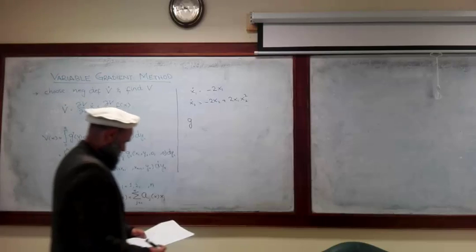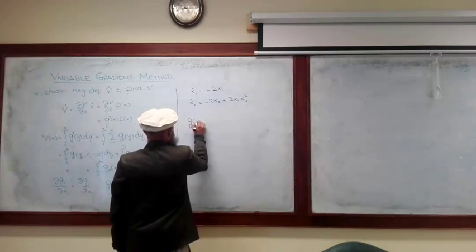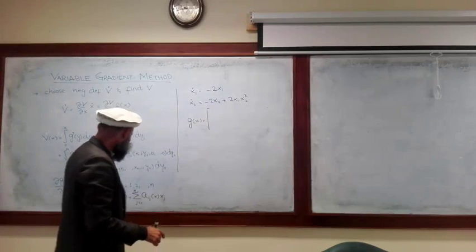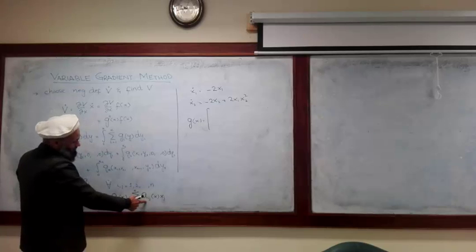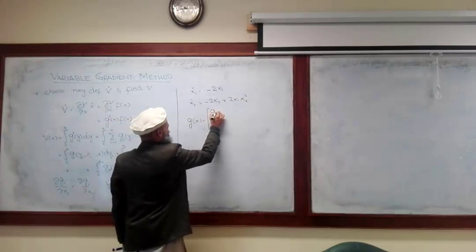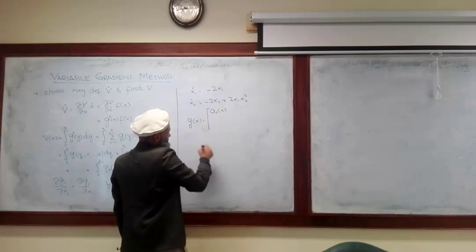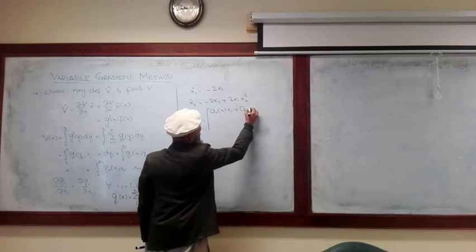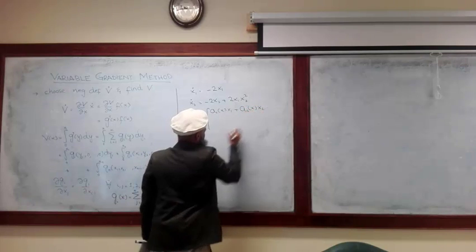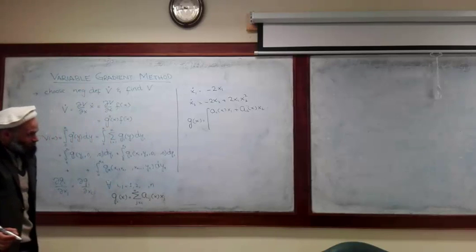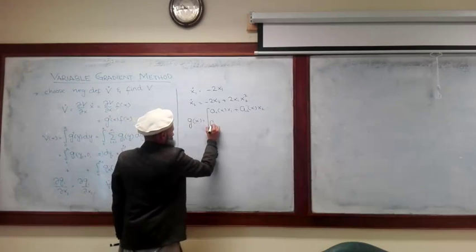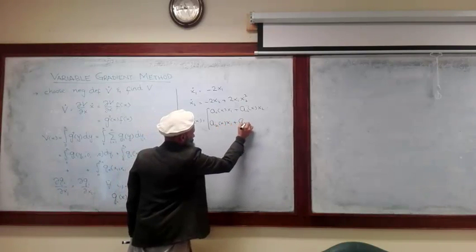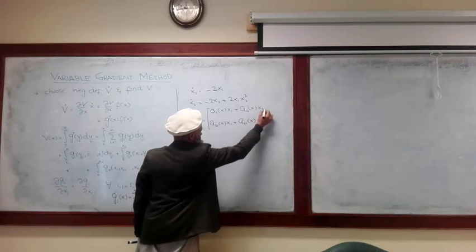Over here we take g of x equal to g1 of x. How to select g1 of x in this particular case? a11 of x, here x is a vector, into x1 plus a12 of x into x2. This is g1. What should be g2? a21 of x into x1 plus a22 of x into x2.